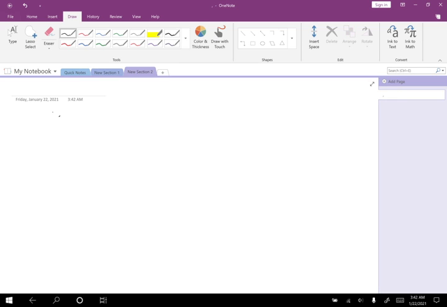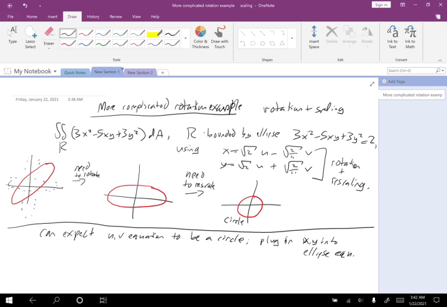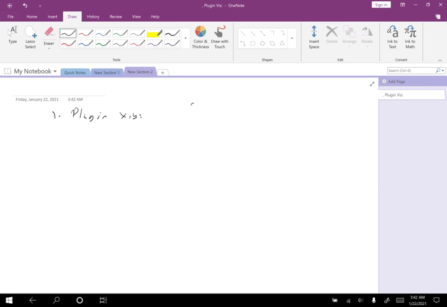I would say the first step is to plug in x, y. So our ellipse equation, 3x squared minus 5xy plus 3y squared equals 2. Now we're going to plug in those square roots.